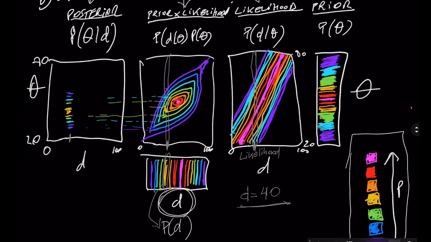Then, using only the values that correspond to the data we observe, we calculate the probability of the data, and with these two we come up with the posterior distribution.